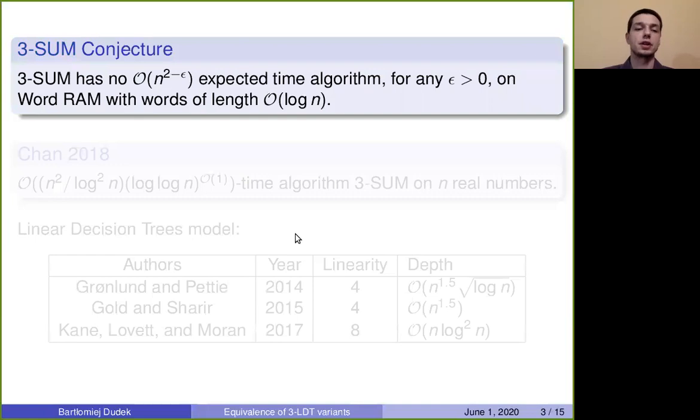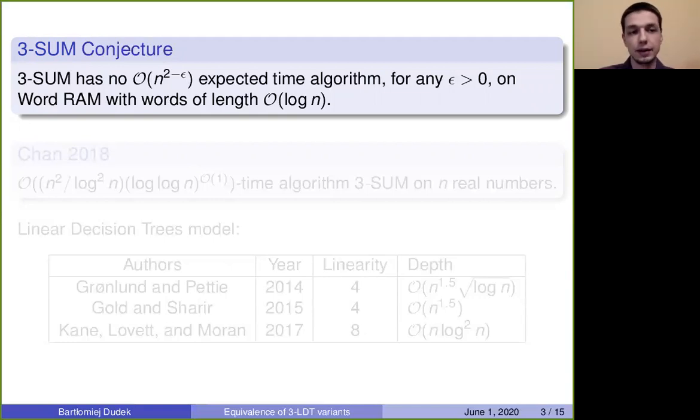Essentially there is a conjecture stating that we cannot do much better. For any positive epsilon, this conjecture states that there is no O(n^(2-epsilon)) time algorithm on word RAM with words of length log n. In other words, there is no truly subquadratic time algorithm for free-sum.